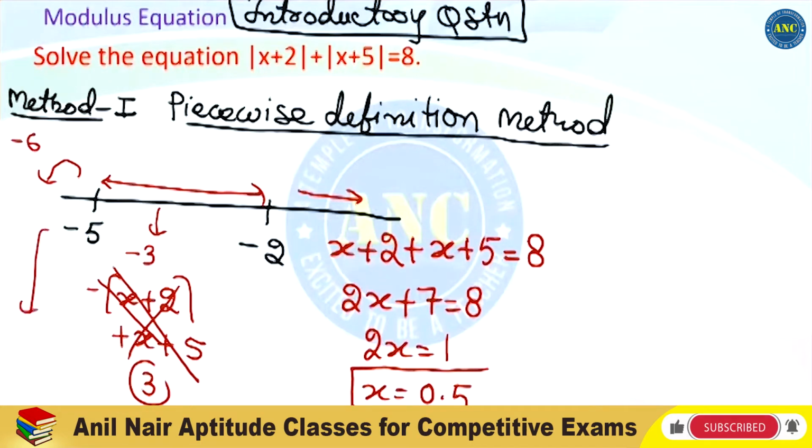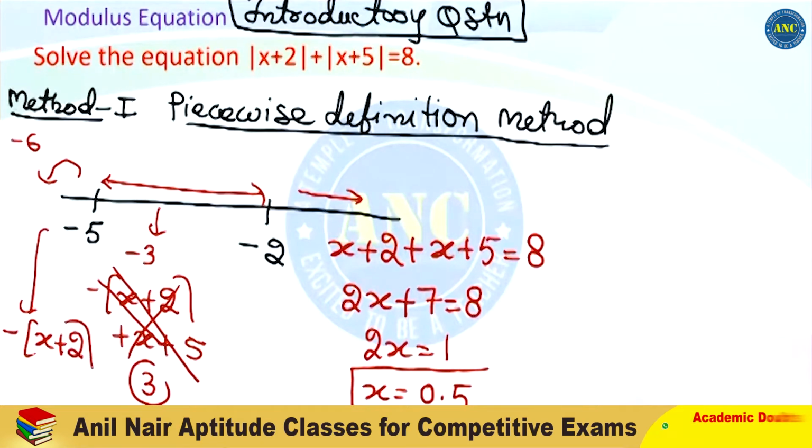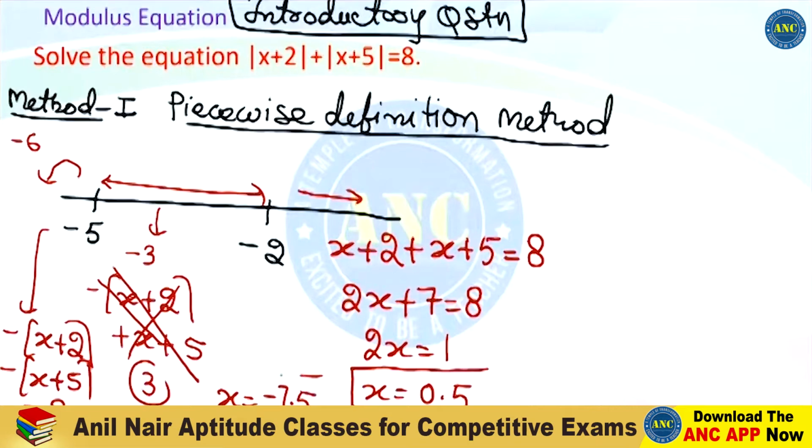Minus 6 plus 2 is negative, minus of (x + 2). Minus 6 plus 5 is negative, minus of (x + 5) = 8. Minus 2x minus 7 = 8, so 2x = minus 15, x = minus 7.5. I hope the idea is clear.